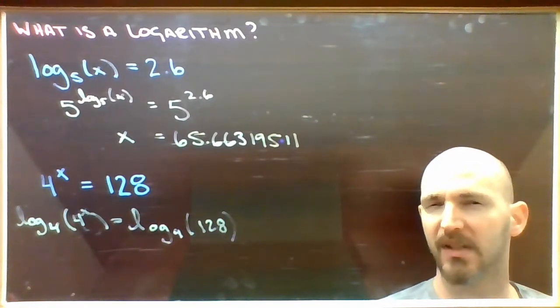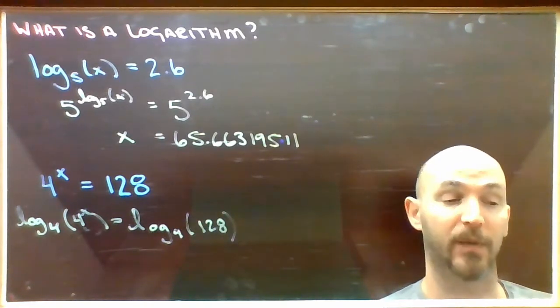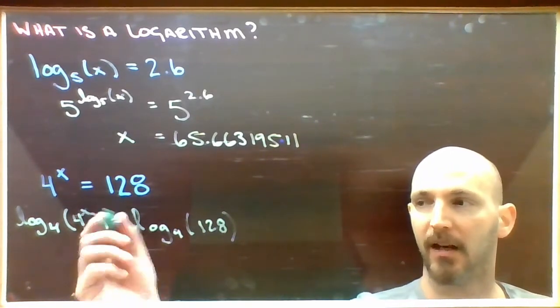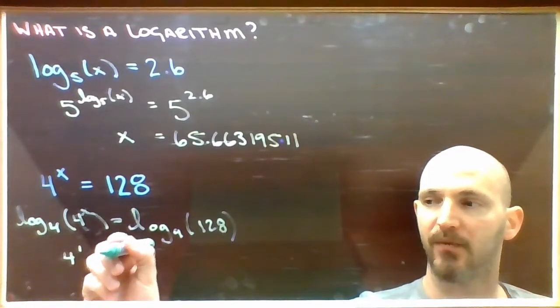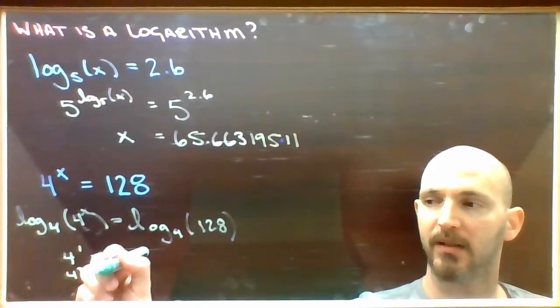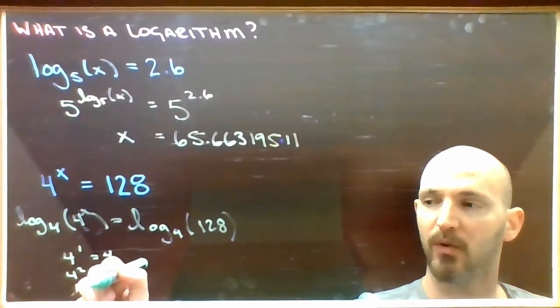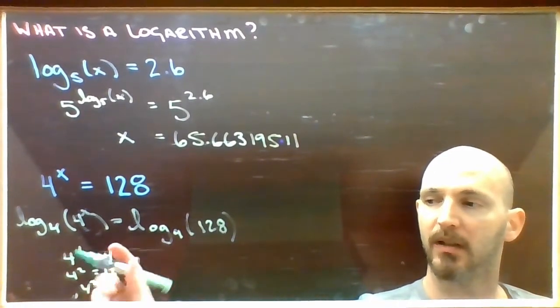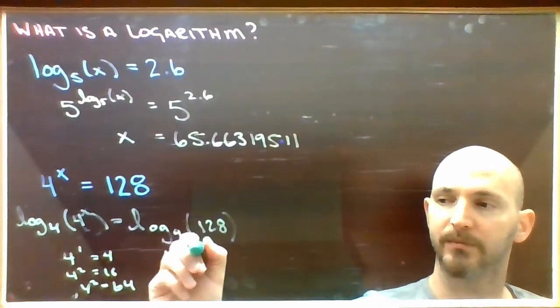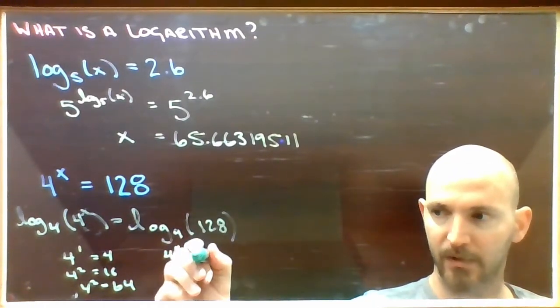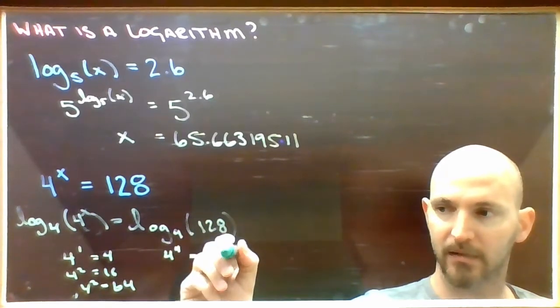If not, we're still reduced to guessing and checking for this particular section. So 4 to the exponent 1 is 4. 4 squared is 16. 4 cubed is 64. 4 to the power of 4 is 256.